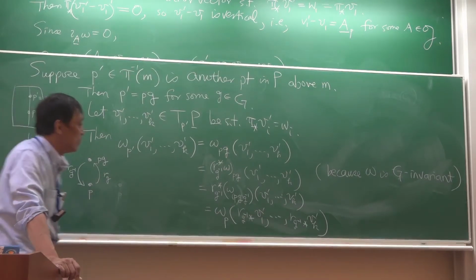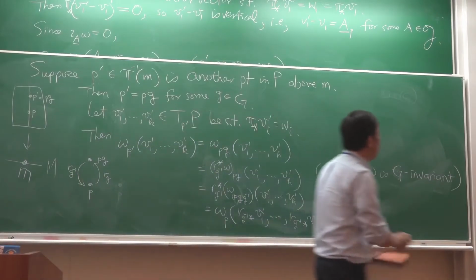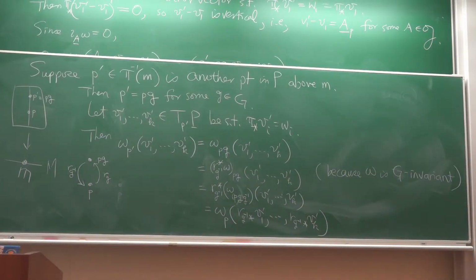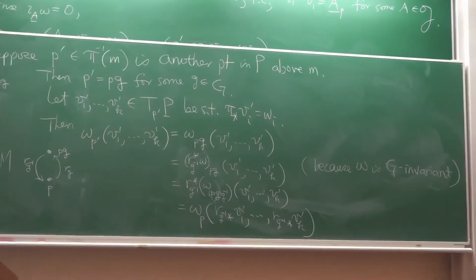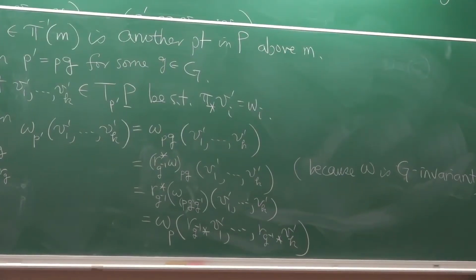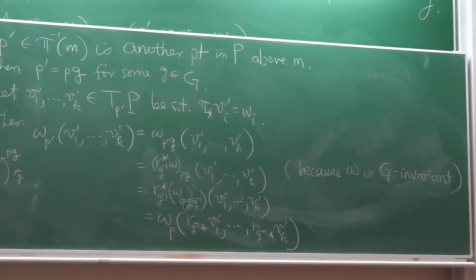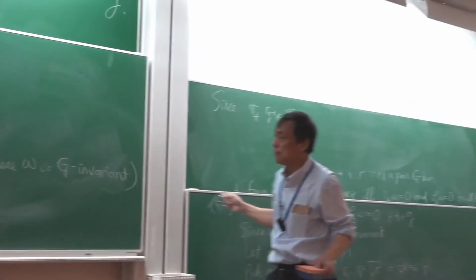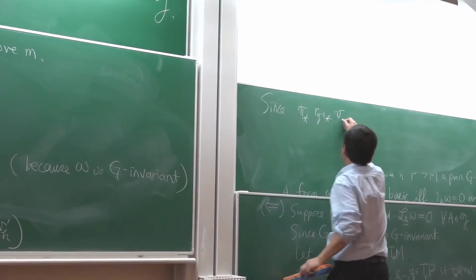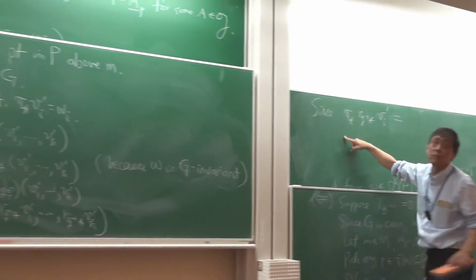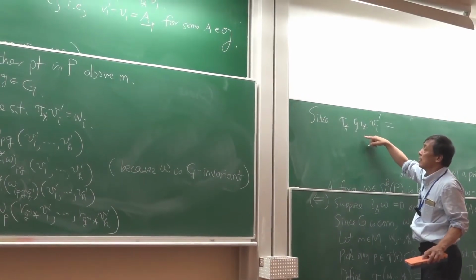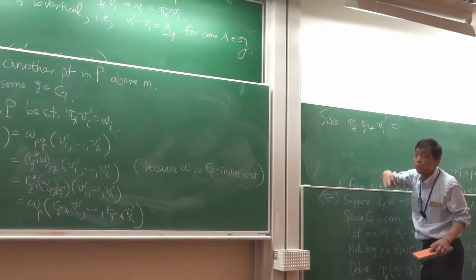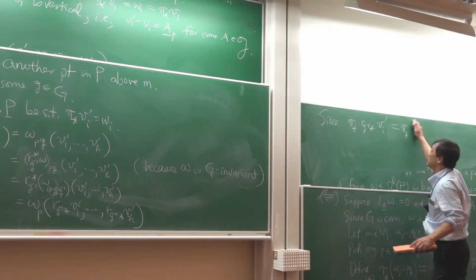Yeah. Now, but these are vectors that push down to the Wk's. Vi prime is equal to, if you right translate and then you project, that's just the same as projecting.